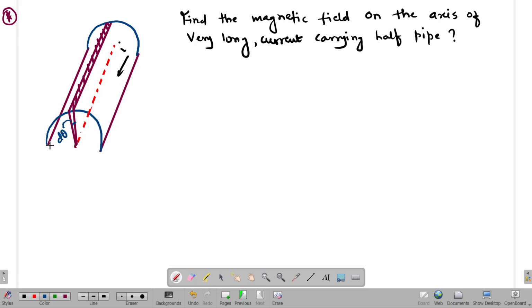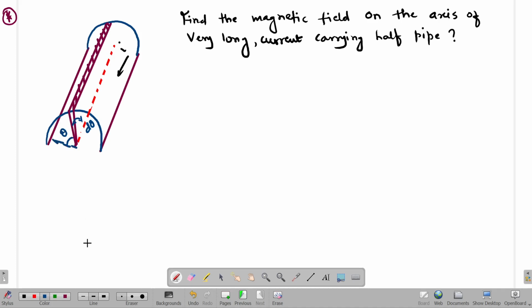And with respect to horizontal, let me write perfectly. This angle is d theta. And with respect to horizontal, let's suppose this is making some kind of angle theta.